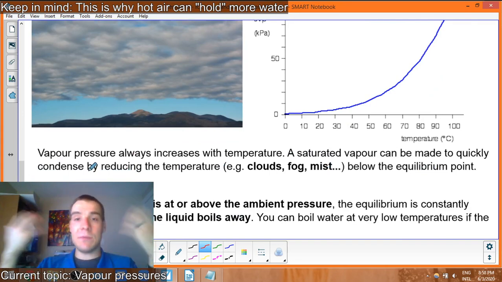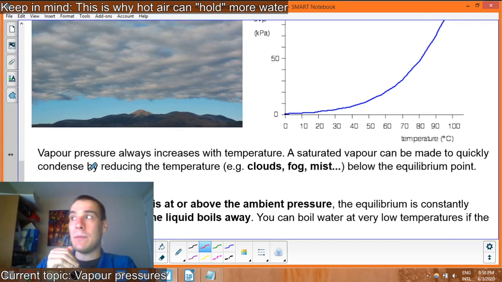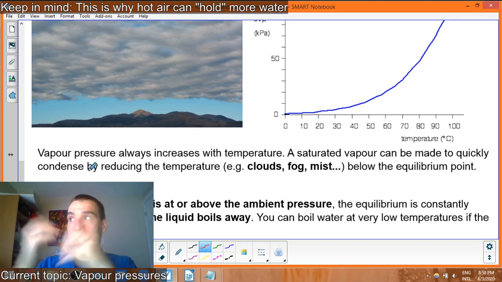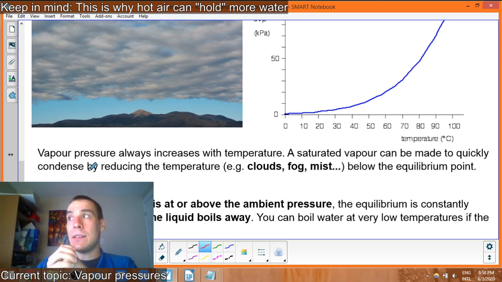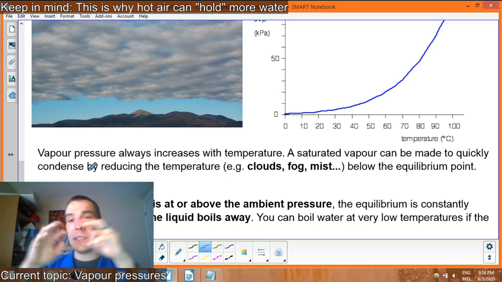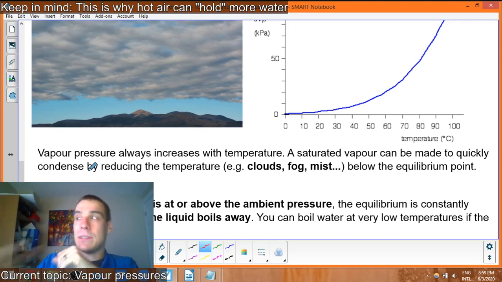There's water vapor in this room right now. There's probably like 50% humidity in this room, so I know that there's water vapor in here. When it condenses down, suddenly it turns into little droplets of water, and those scatter the light, and so it becomes a cloud, or mist, or fog.